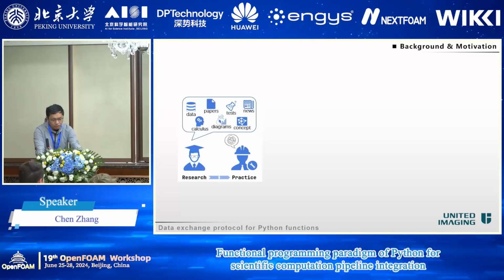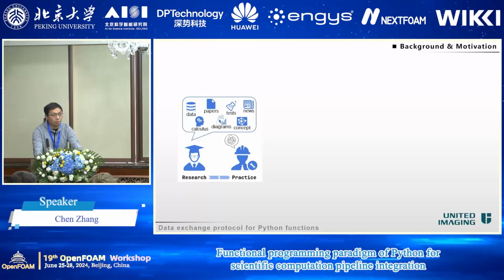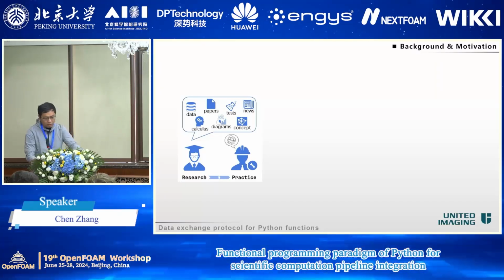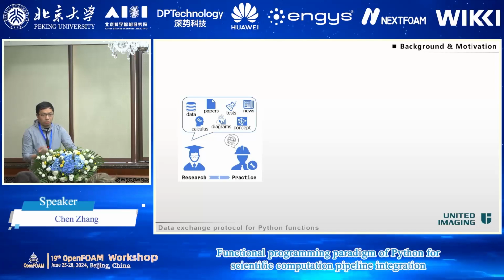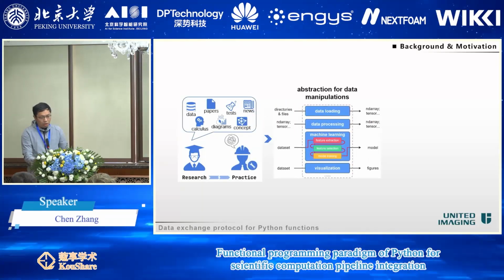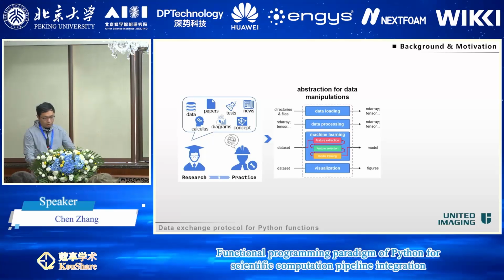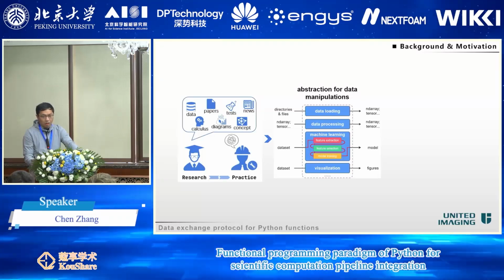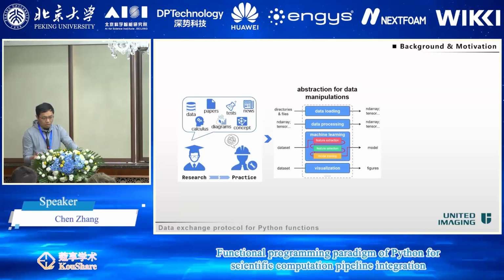As for the design principles of our framework, we abstractly deem all data processing, including model training and data mapping, as data manipulations that convert data from one format to another.